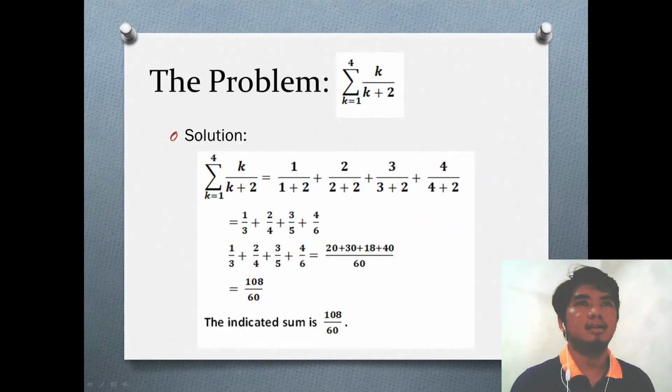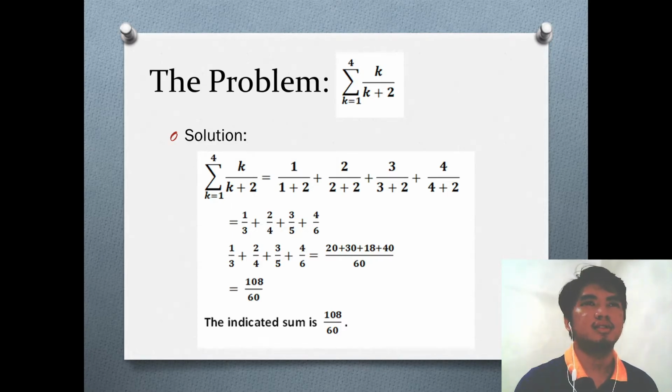So the next problem is the summation of k over k plus 2, from 1 to 4. So the solution for this problem is we substitute k, which is 1 to 4. So 1 over 1 plus 2 plus 2 over 2 plus 2 plus 3 over 3 plus 2 plus 4 over 4 plus 2.